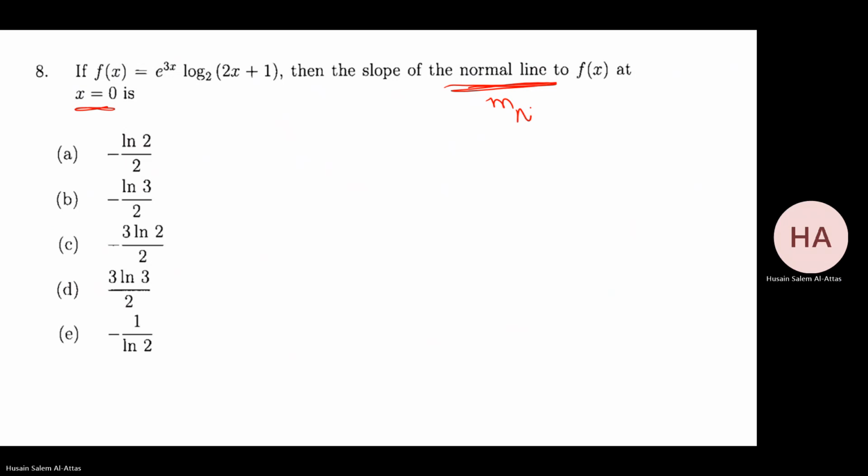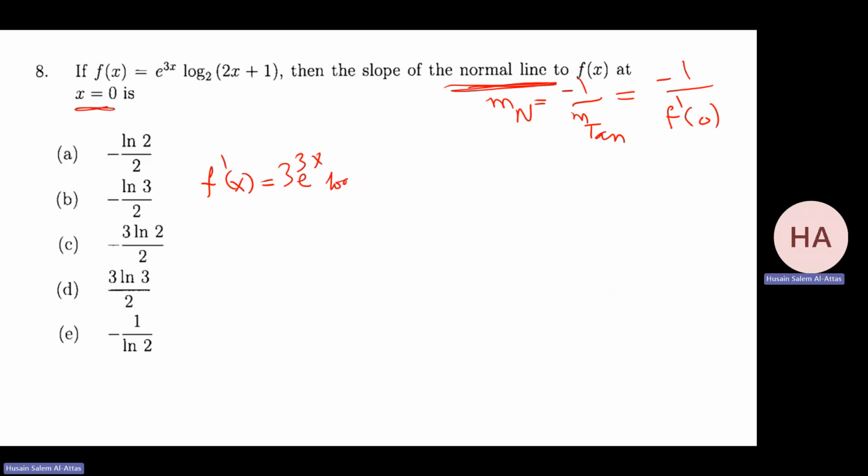Slope of the normal is one over the slope of the tangent, negative, minus 1 over f'(0). Okay, f'(x) will be what? 3e^(3x) log base 2 of (2x plus 1), plus e^(3x) times 1 over ln 2 times 1 over (2x plus 1), times the derivative of this, which is 2.